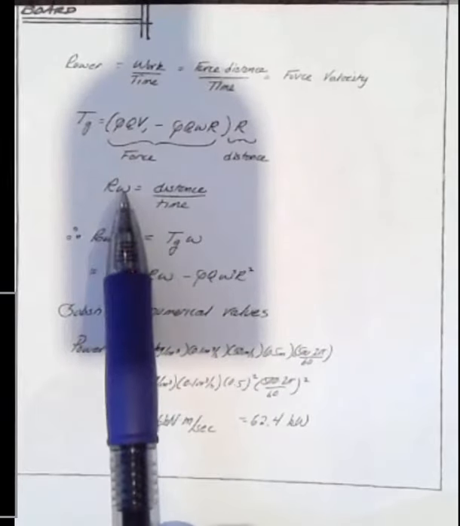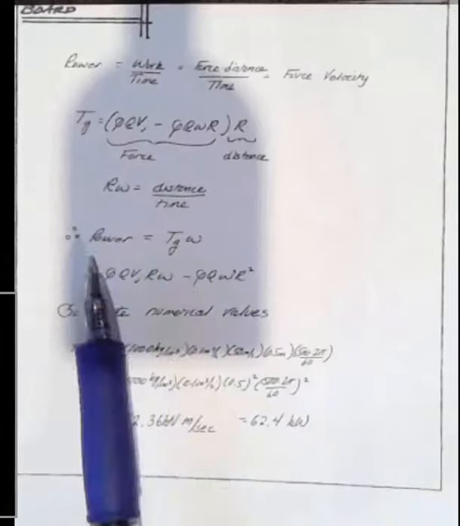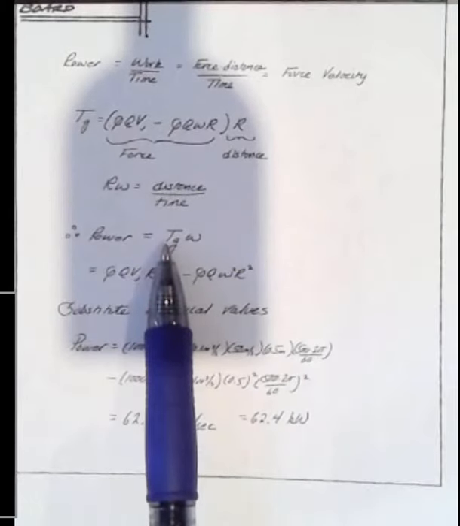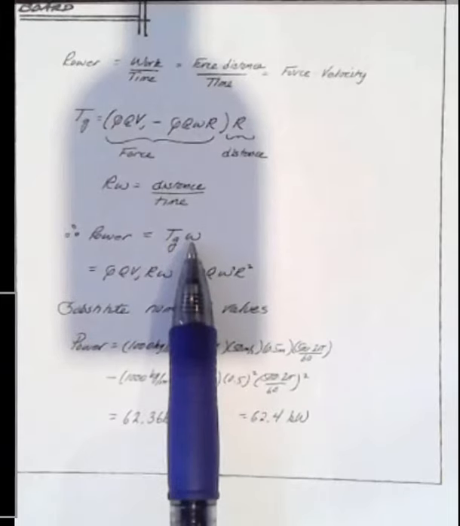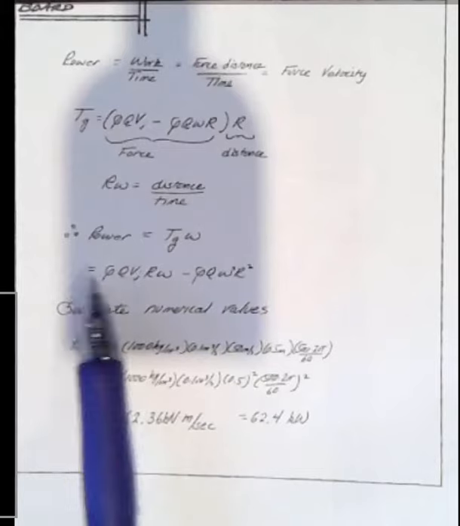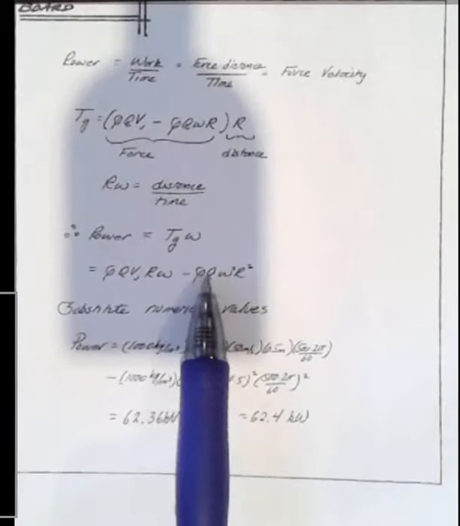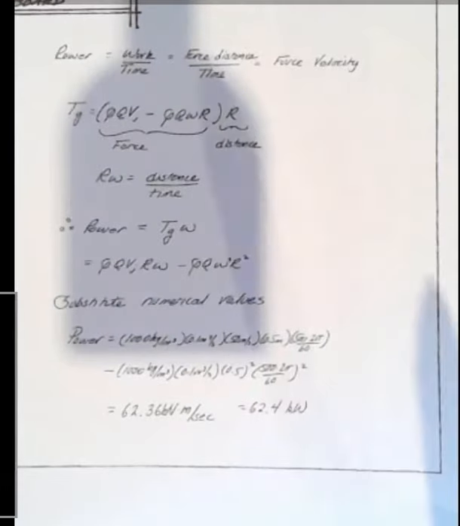R times omega is distance over time. Therefore, the power is equal to the torque multiplied by the angular velocity, or the angular frequency. In our case, rho Q velocity of jet cap R omega minus rho Q omega squared cap R squared.